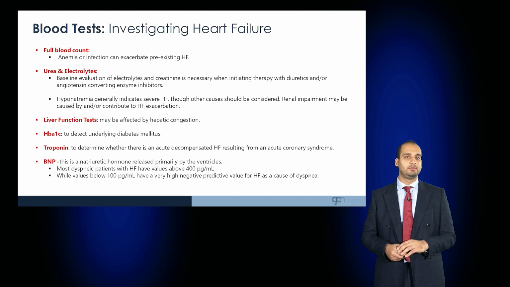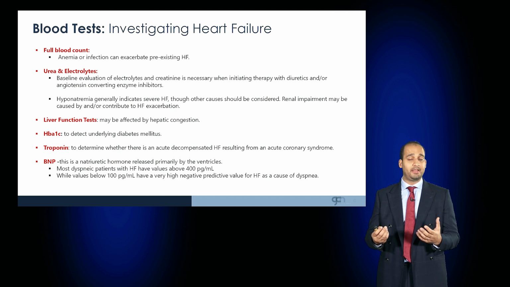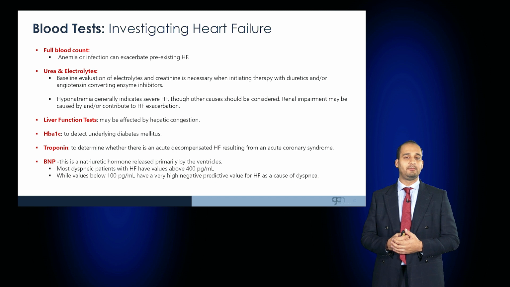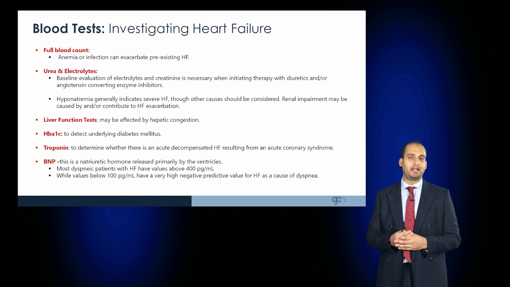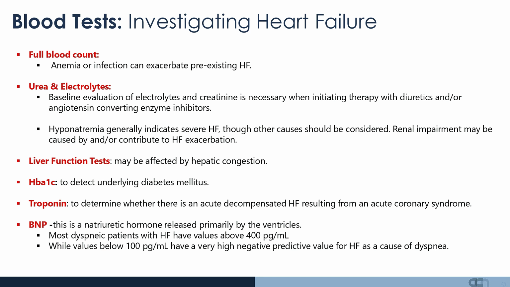A full blood count would help us look for signs of anemia or infection, which can precipitate pre-existing heart failure. U's and E's are important, as baseline evaluation of electrolytes is important, particularly when considering the initiation of therapy and drugs used to treat heart failure.